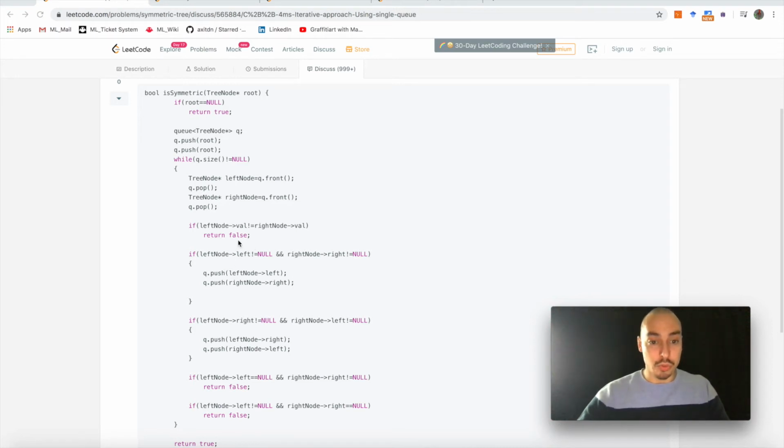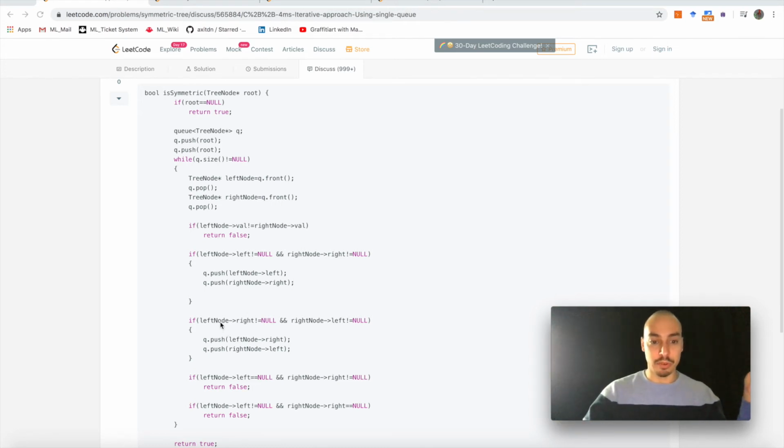As soon as they disagree at one point, we know already that it's not a symmetric tree. If they do agree with each other, meaning they have the same value, we keep continuing, seeing if their children are both valid, and we push those children back into the queue. Remember, if it's symmetric, from the left branch we would go into the left child, and from the right branch into the right child to test the symmetry.